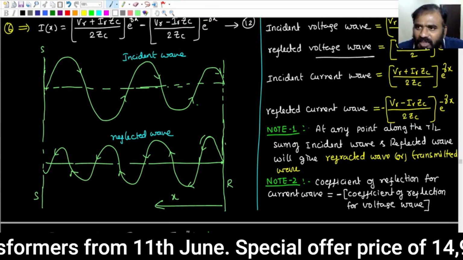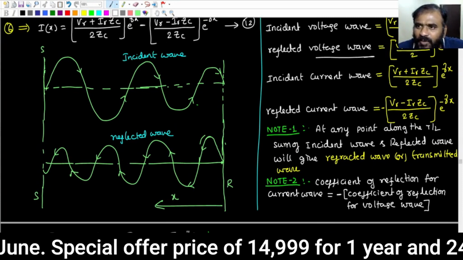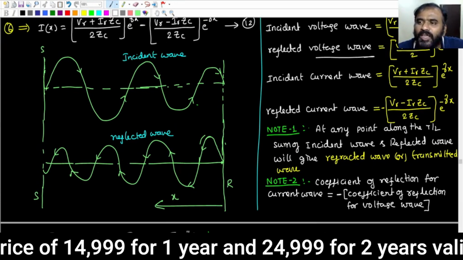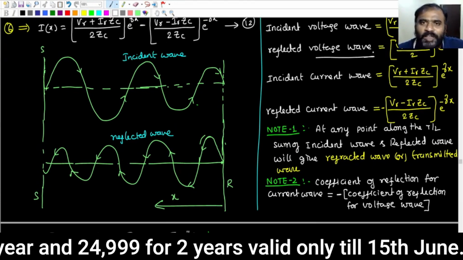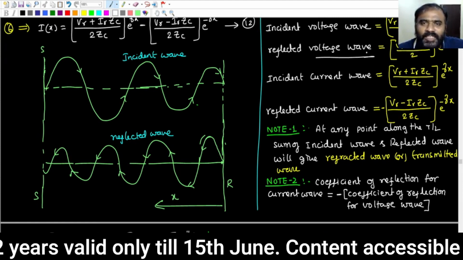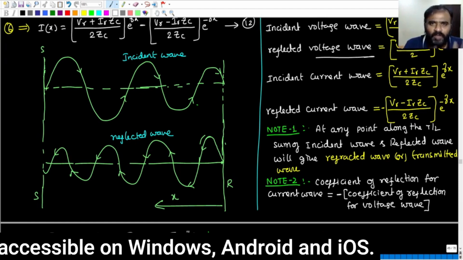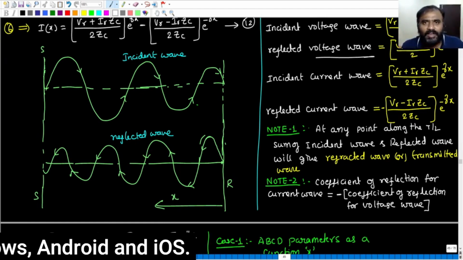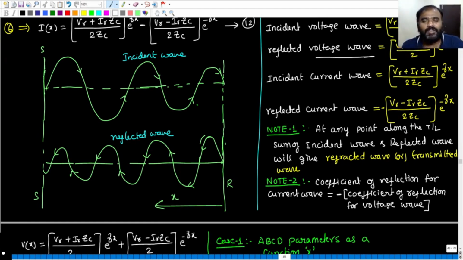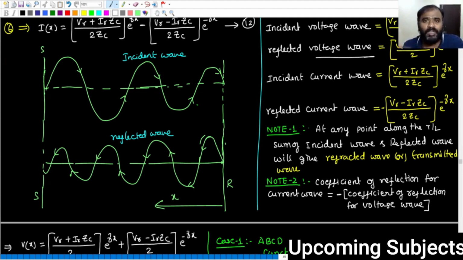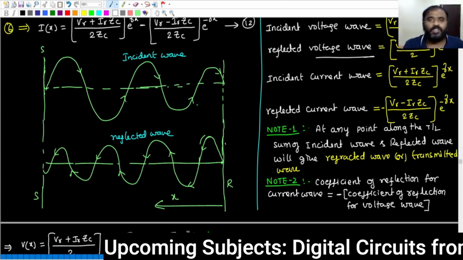This is ZS. IR ZS is nothing but VR. VR minus VR is what? 0. That means there is no reflection. Under surge impedance loading, if the voltage wave is traveling along the line and reaches the receiving end, there the load has the same impedance as ZS, so there is no reflection.